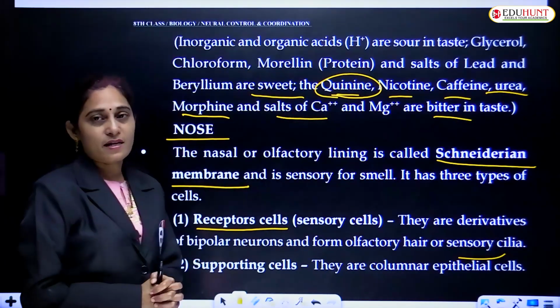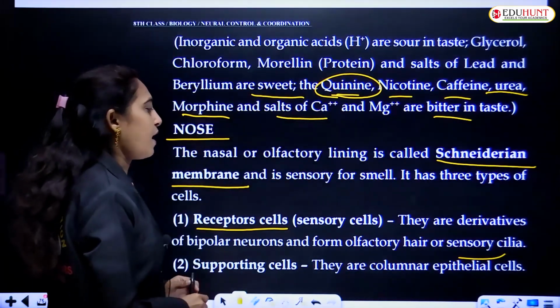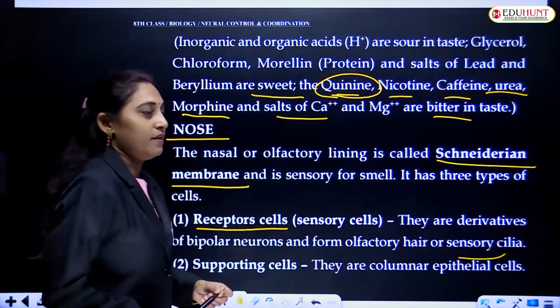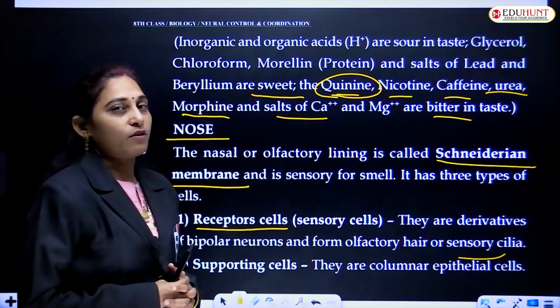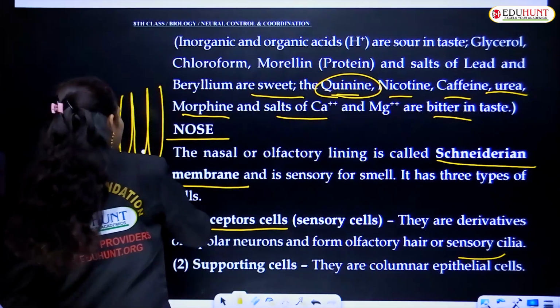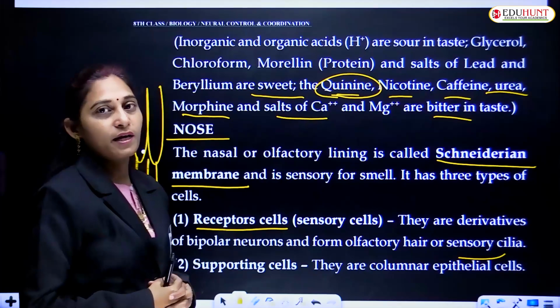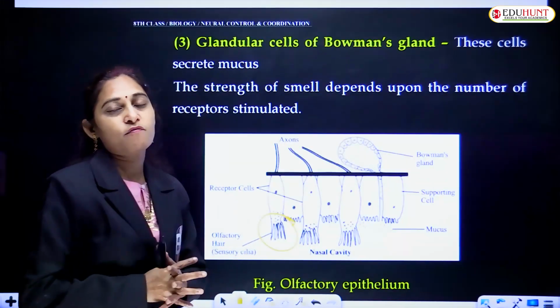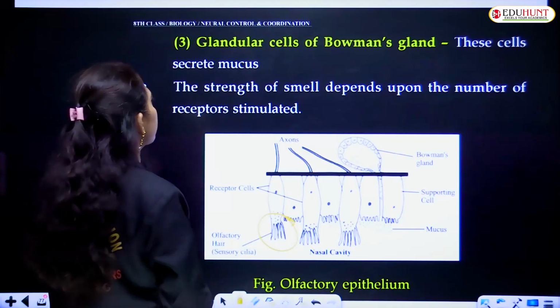And supporting cells are formed of columnar epithelial cells. These are the columnar epithelial cells, which are like elongated cells. Columnar epithelial cells support the first type of cells, that is receptor cells.